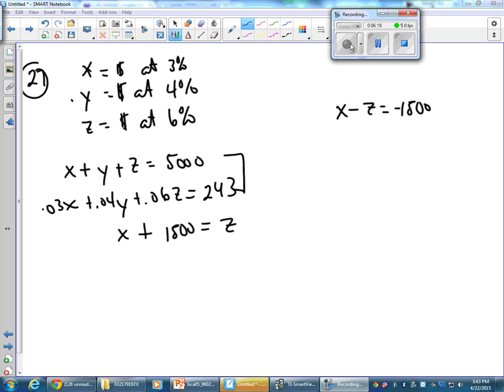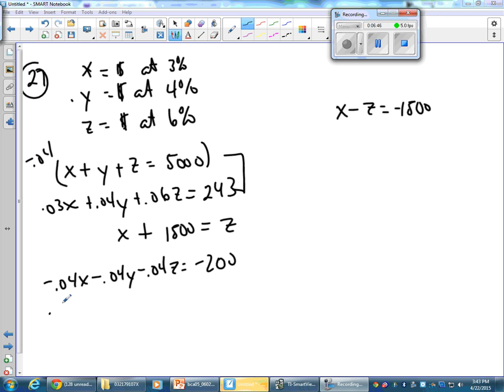So if I use these two to try to get rid of Y, then I'd be in good shape. So if I'm going to cancel out the Y's, I'm going to multiply this top line by negative 0.04. And it becomes negative 0.04x minus 0.04y minus 0.04z equals 5,000 times 0.04, which would be negative 200.